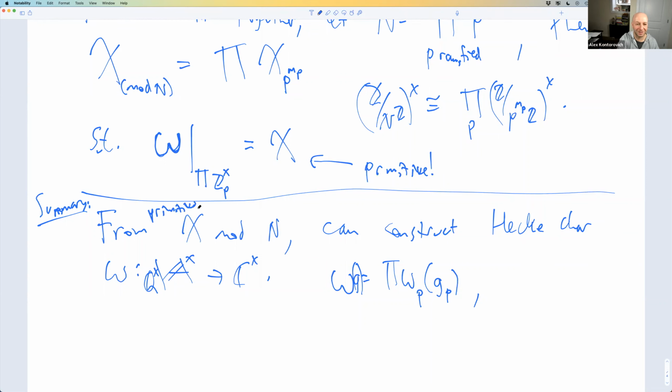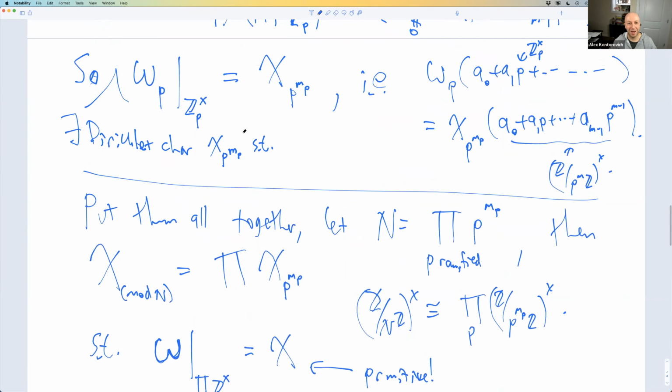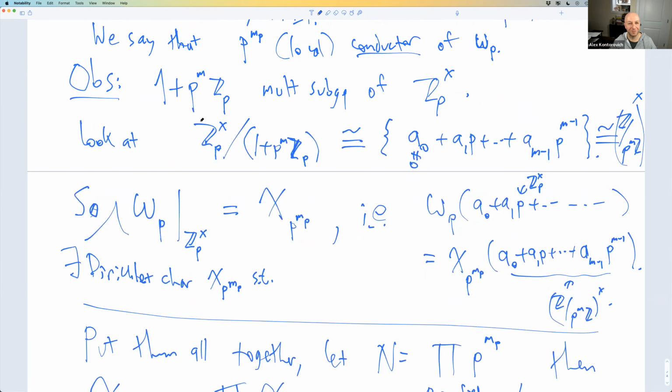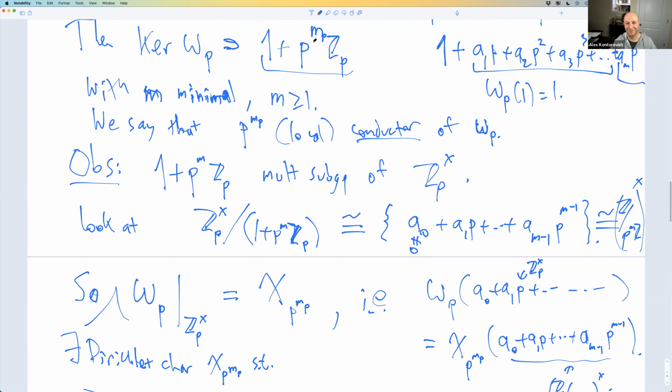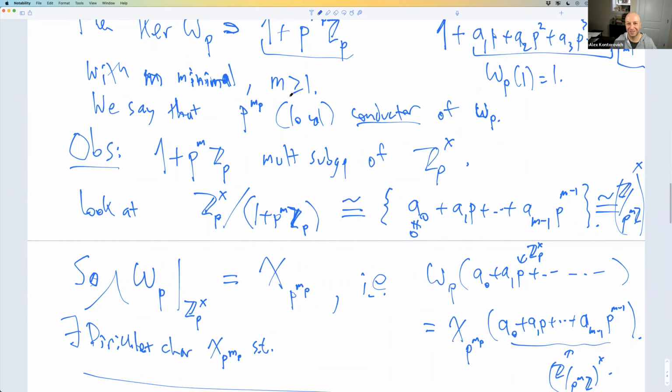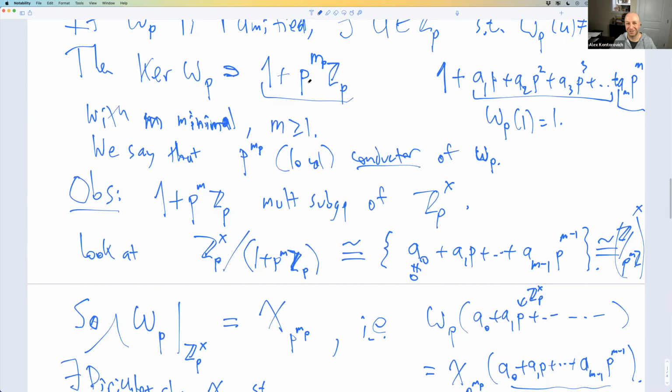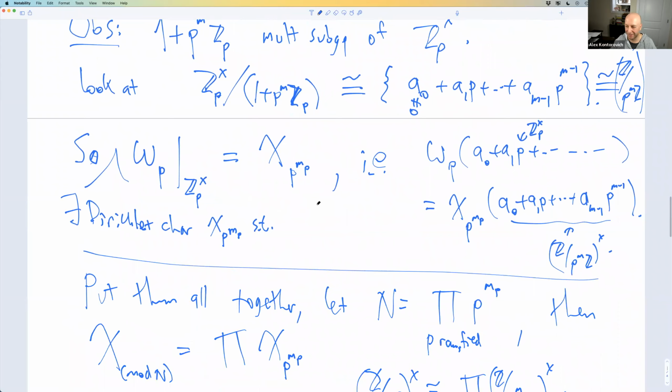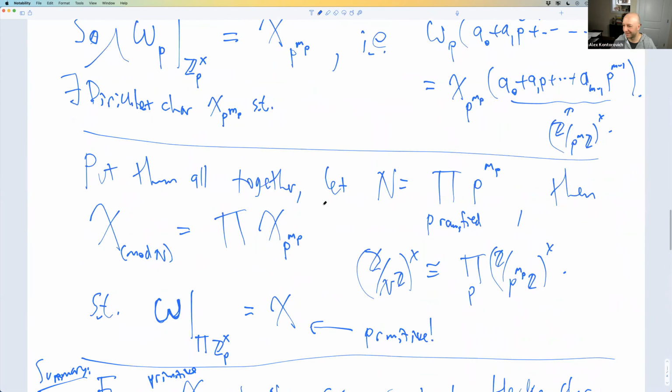How do we know that it's going to be primitive? If it's not primitive, then the m that you took here wasn't the minimal one. It's an easy exercise that if it came from some divisor, the only way you could do that is by taking some non-minimal choice of conductor, because you could have just taken a big enough power.